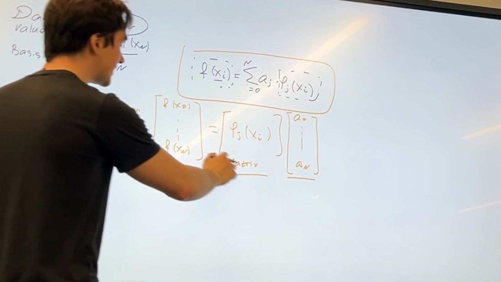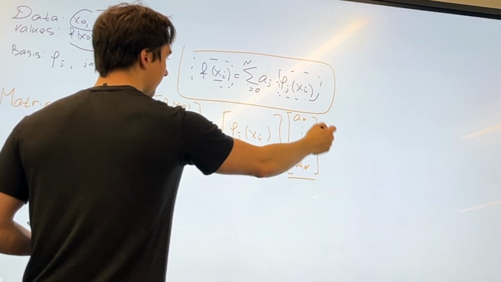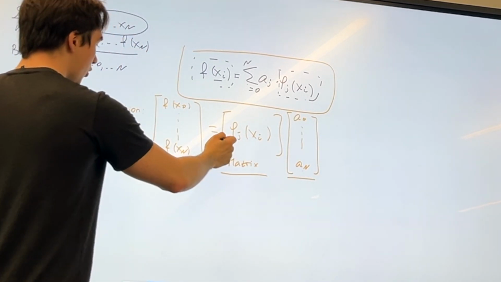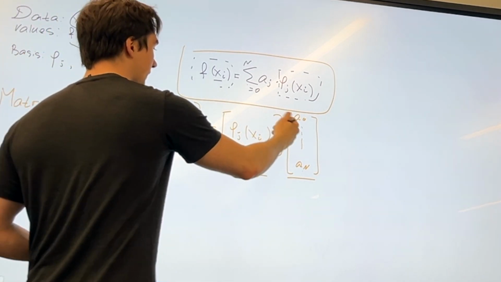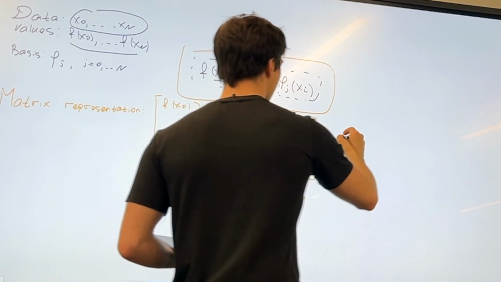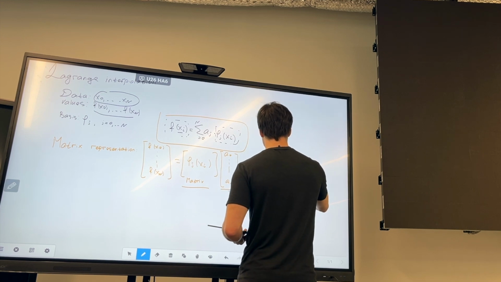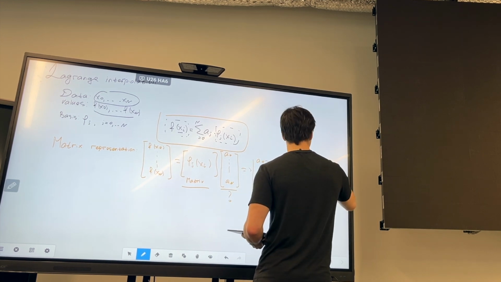Here you can see that to find our coefficients a0 to an, we need our matrix to be easily invertible, because we don't know the coefficients. They are actually equal to the inverse matrix of our basis at our data points times the vector of our values.